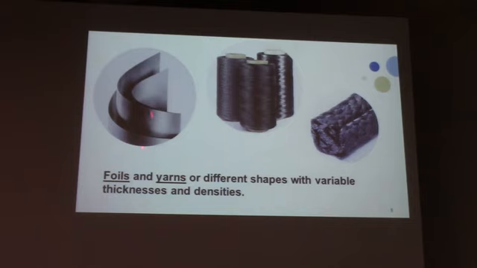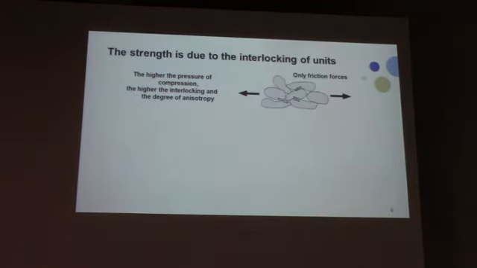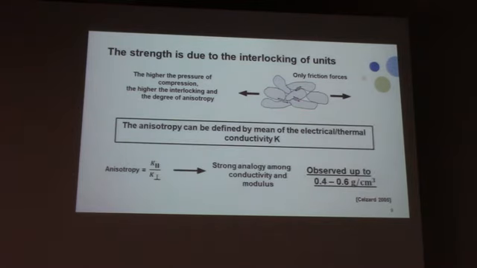The most common is foils with different thickness and densities, but we can have also yarns and other different customizable shapes. It's very easy to make flexible graphite. So, as I said, the strength is due to the interlocking, only the friction forces between the contact points of these compressed worms.